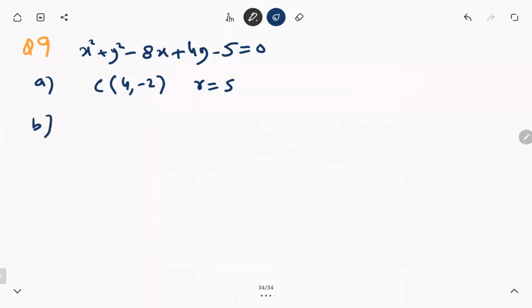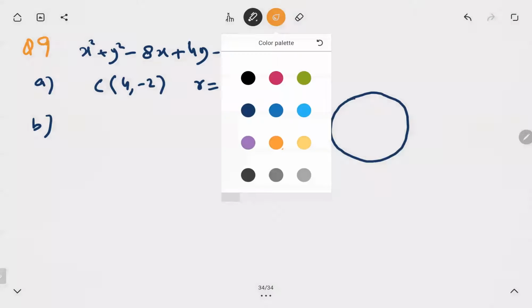Then B part, show that the equation of the tangent to the circle at P is 4y is equal to 3x plus 5. Okay, you are asking for D, C and D. So it means there is no issue in B part. So B part, let's see what it is. Show that the equation of the tangent to the circle at P. So tangent, say this is a circle.